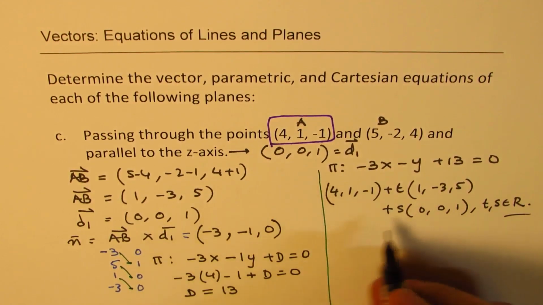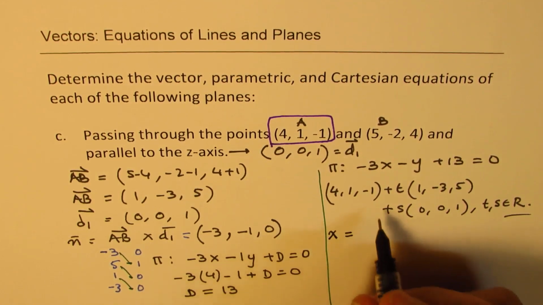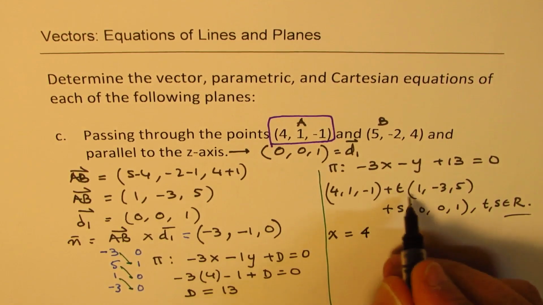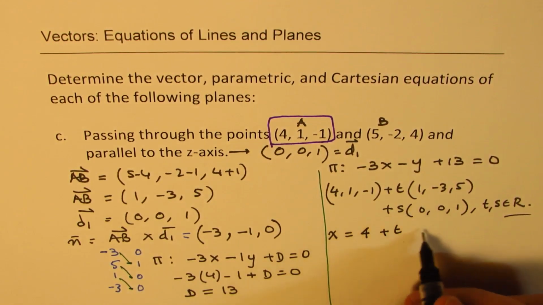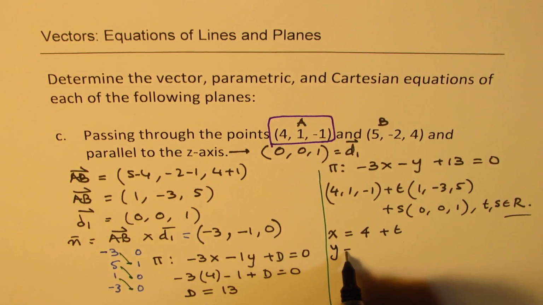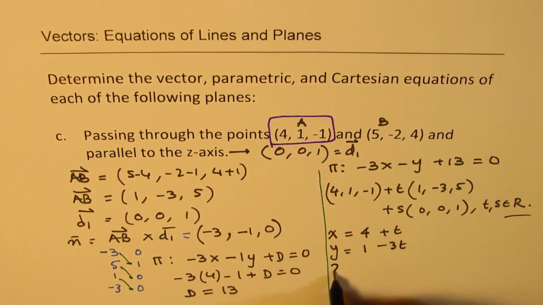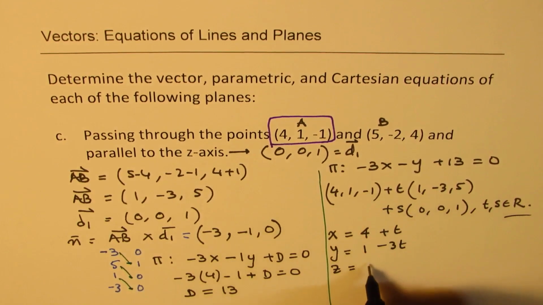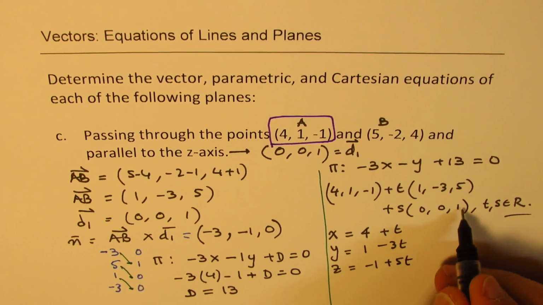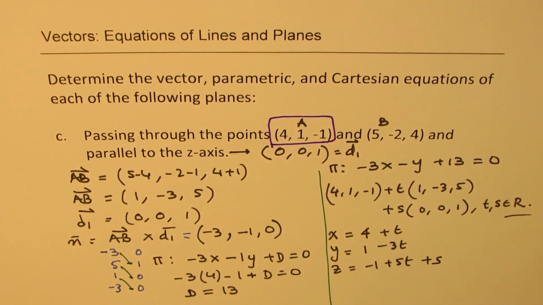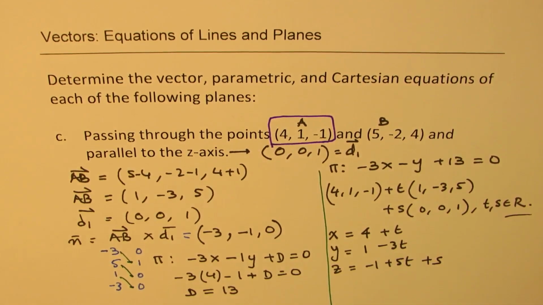Clear? You can definitely write the parametric equation, which is x = 4 + t, y = 1 - 3t, and z = -1 + 5t + s. Is that clear? So that completes this particular question, relatively simpler.